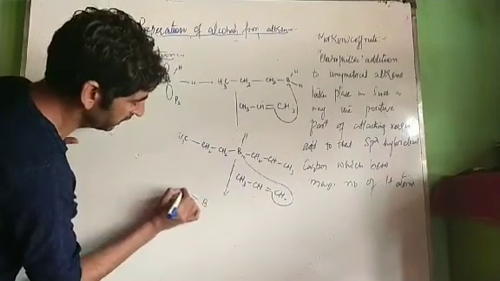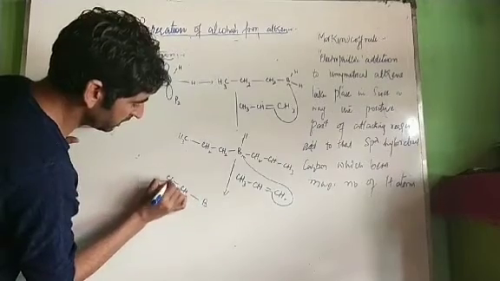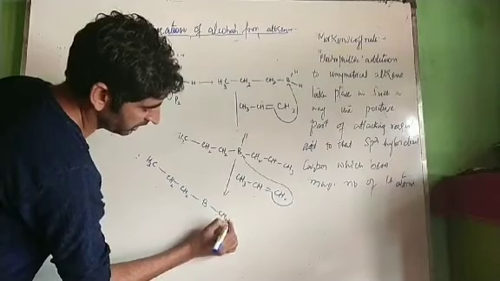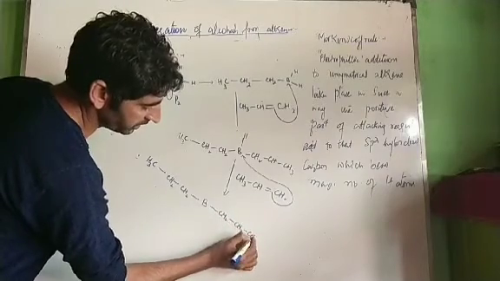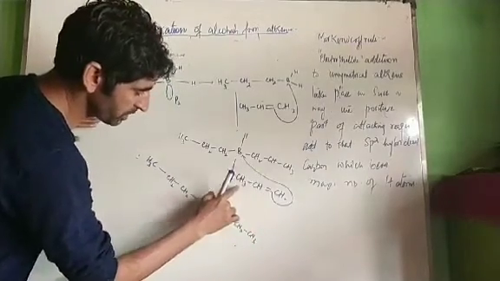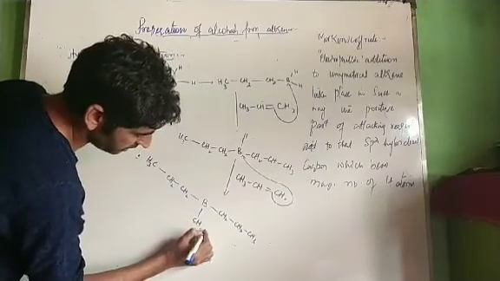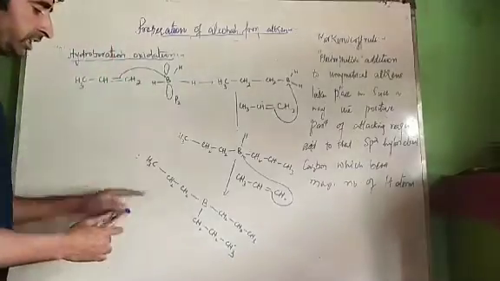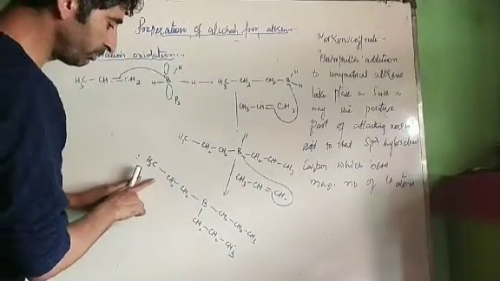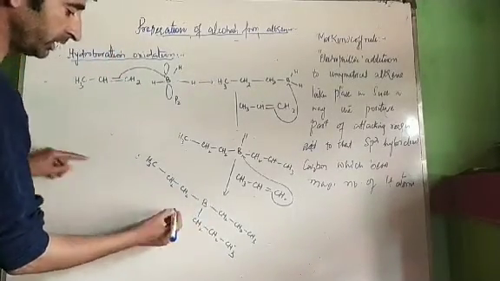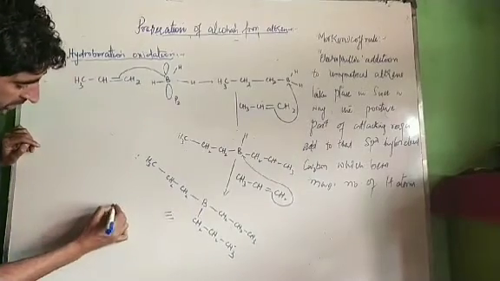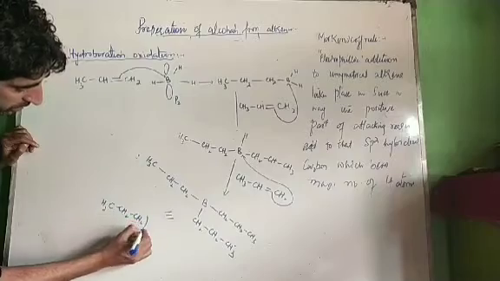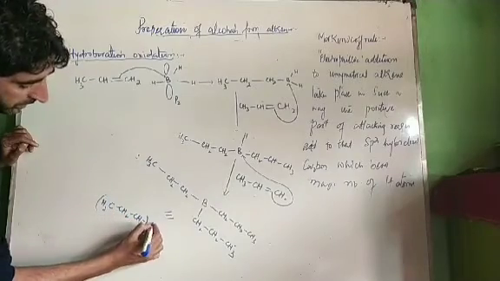This is boron, and this is CH2, CH2, CH3, three times. We can write it as (CH3, CH2, CH2) whole thrice B.